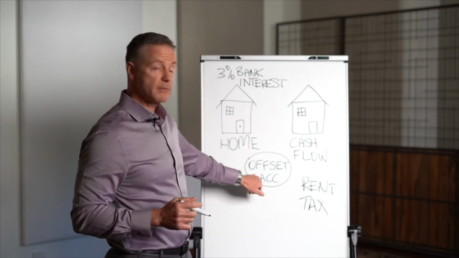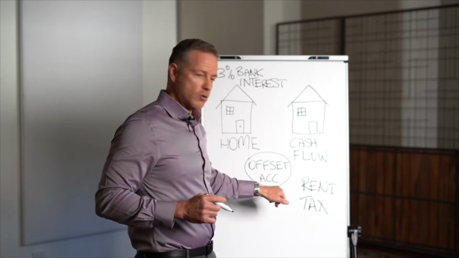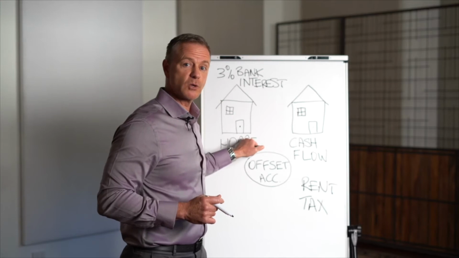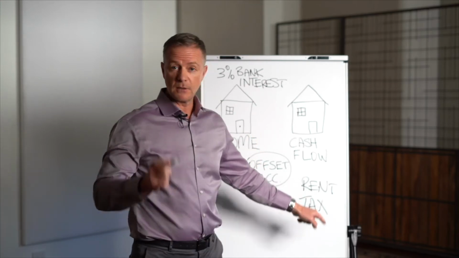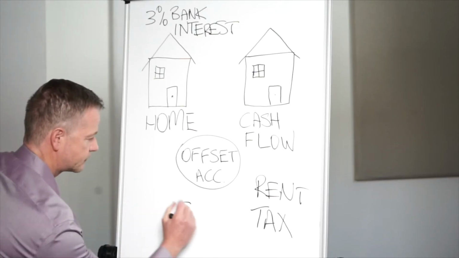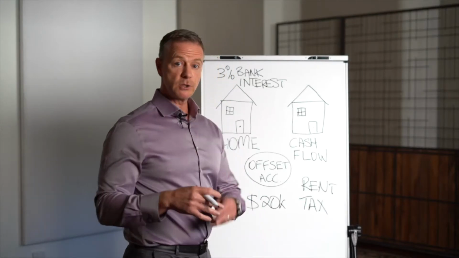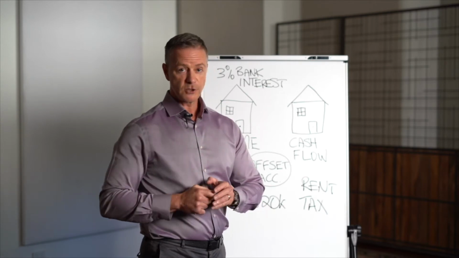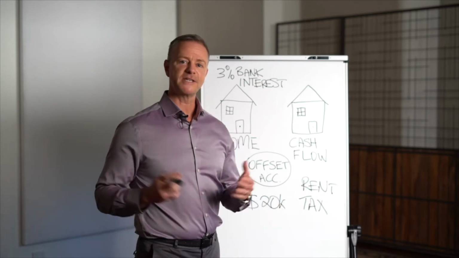So let's say, remember, in that offset facility, every dollar that we've got in our offset facility reduces the amount of bank interest that we're going to be charged on our mortgage, which will allow us to pay back more principal debt each payment. So if I'm bringing in rent, let's say the property is bringing in $20,000 a year rent, $20K per annum. And let's say when we do our tax write-downs effectively, and look, the way that you can get your tax flow in real time is via a tax variation.